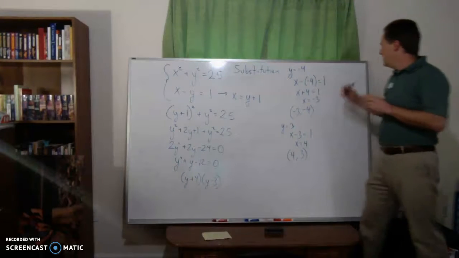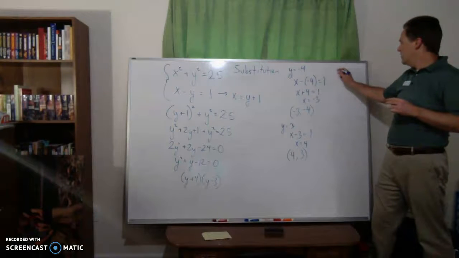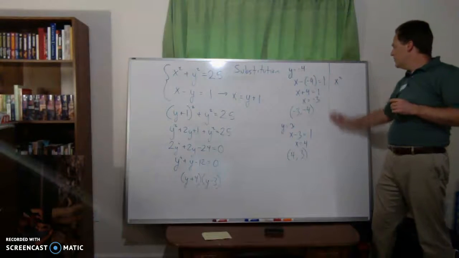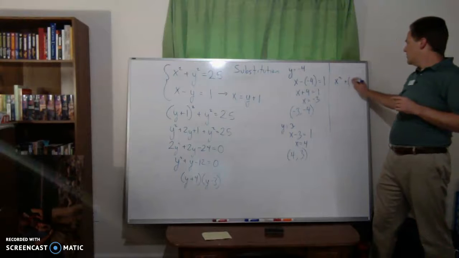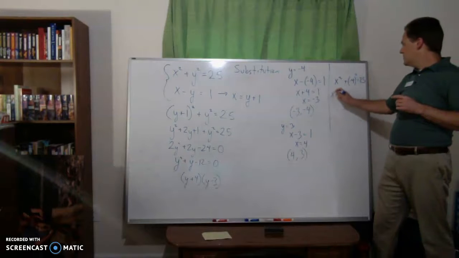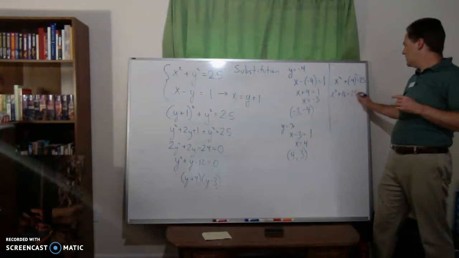If I had tried, let's do this right over here, with y equals negative 4. If I had tried plugging it into this one, x squared plus negative 4 squared equals 25. Negative 4 squared is 16, so that's x squared plus 16 equals 25.